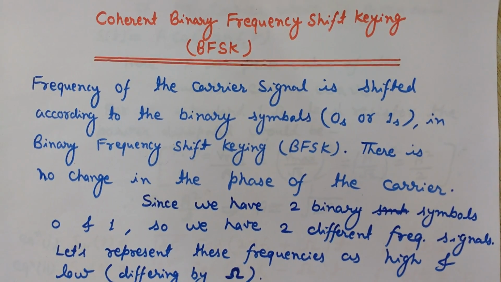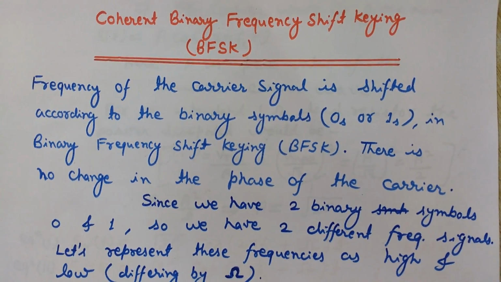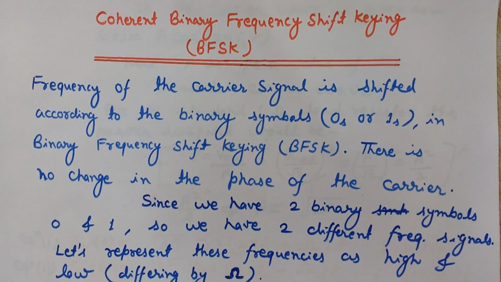If the frequency of this carrier wave is 2 pi fc, then 2 pi fc plus omega will correspond to the high frequency component, while 2 pi fc minus omega will correspond to the low frequency component. So let me explain the mathematical expression and the derivation of BFSK.